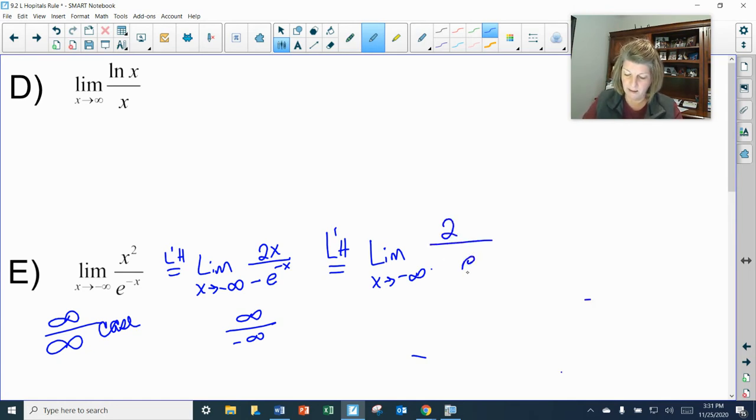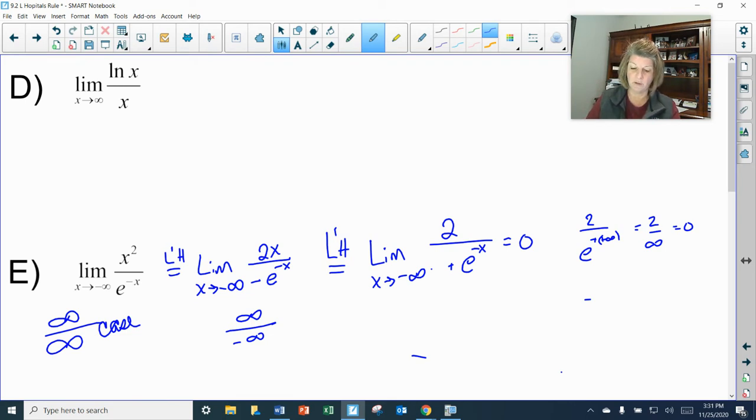And e to the negative x, and the derivative of negative x is negative, so I'd have negative times negative. This looks like this will be a positive e to the negative x. And if I put in, that'd be 2 over e to the negative infinity, which makes this positive infinity. 2 over infinity looks like we're headed to 0.